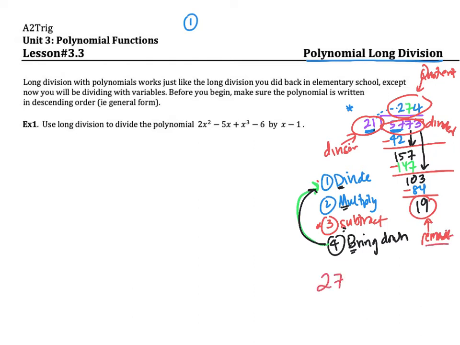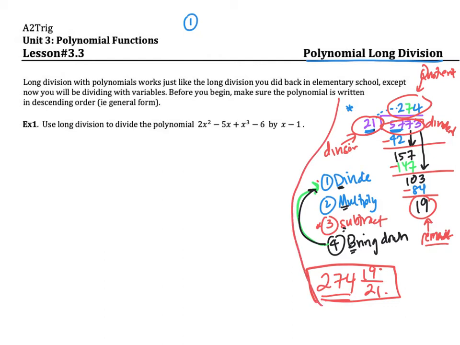We have 274 with 19 remainder, divided by 21. So that would be 274 and 19 over 21, right? This is your quotient, remainder, divisor, so that's my final answer, if you're going to write it in mixed form.